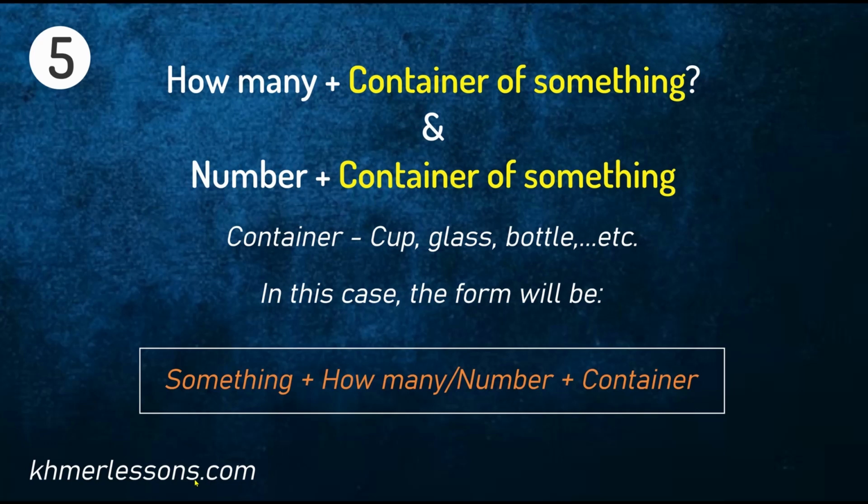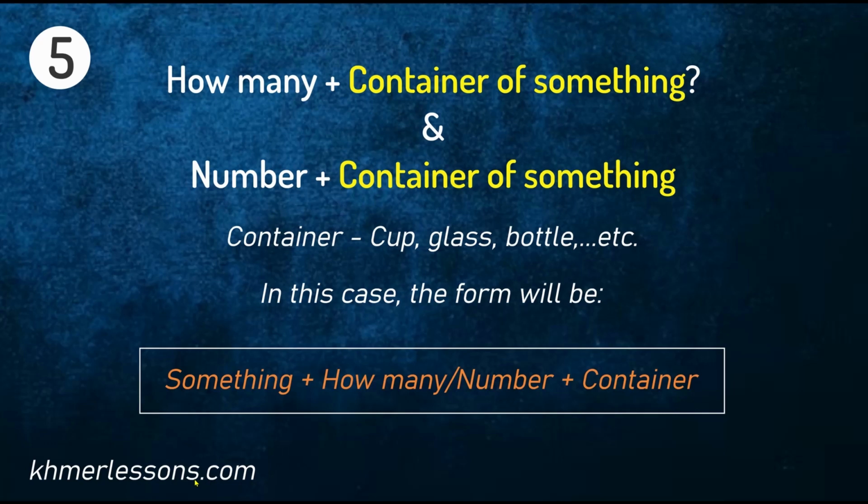In this case, look at the form below. The form will be something, meaning something loaded in the container, can be water, coffee, oil, mostly liquid things. And it comes first.